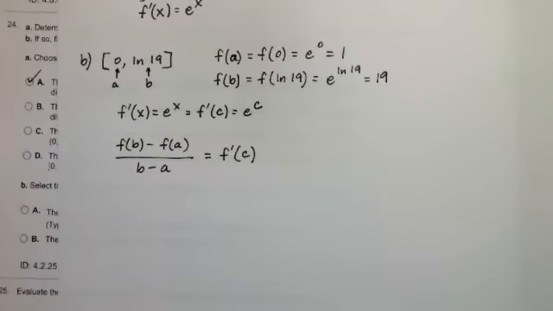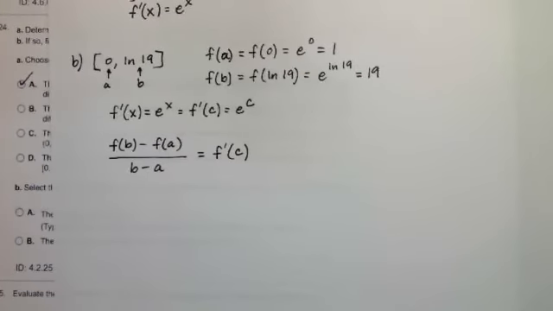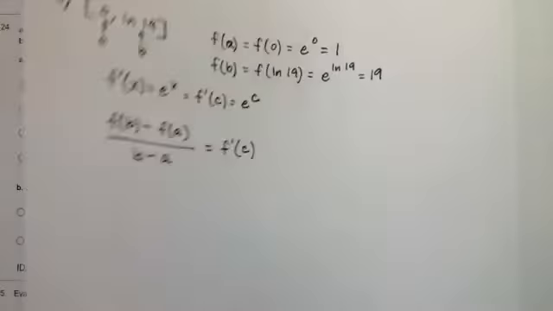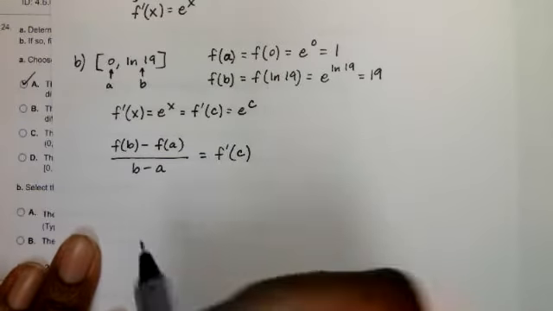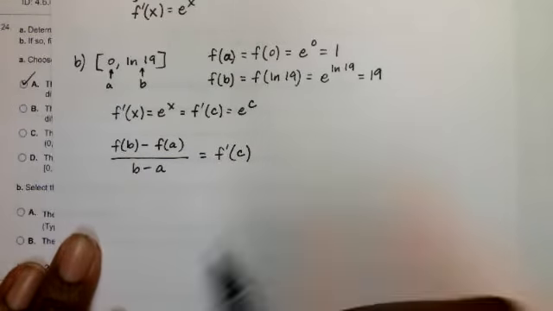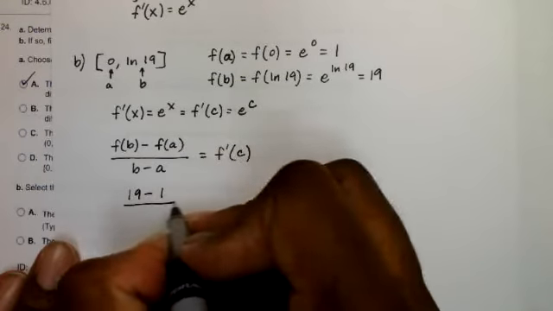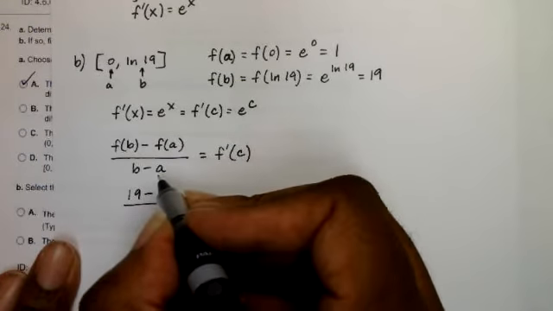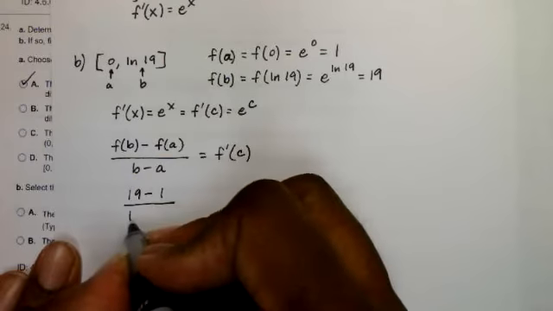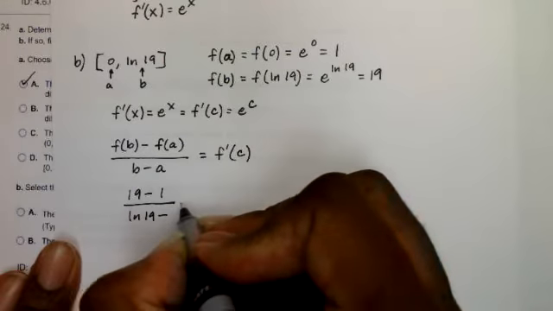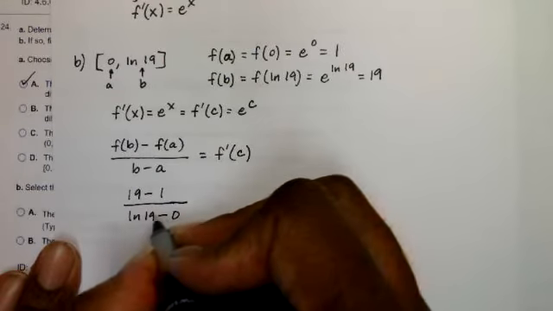Because we're trying to find out the point that is guaranteed to exist in this case. So here, f of B was 19 minus f of A, which is 1. Let's divide it by B minus A. B is the natural log of 19 minus A, which is 0.